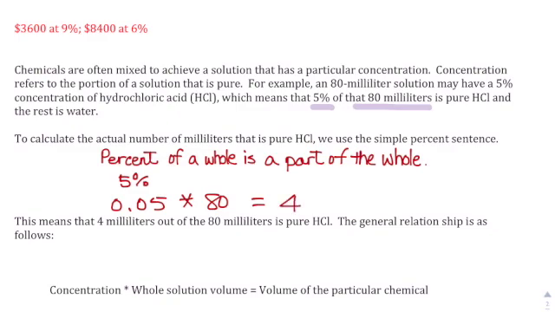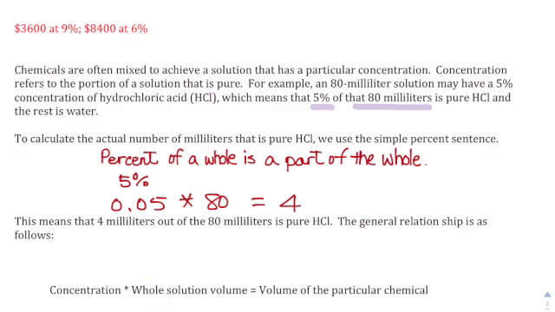That means 4 milliliters out of 80 milliliters is going to be the pure solution, because 80 is the whole thing, and 0.05 is the concentration part, so you multiply it by the whole thing, and that is going to be the pure concentration.